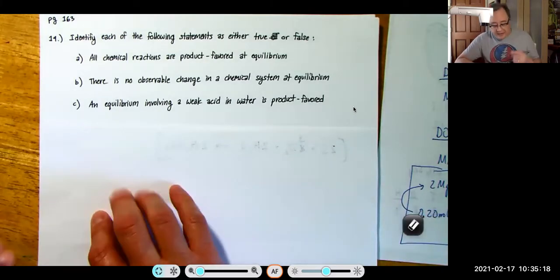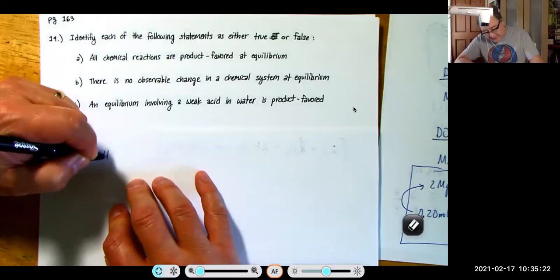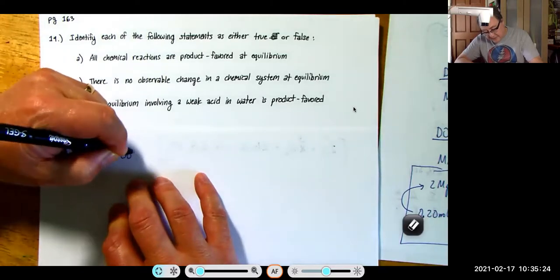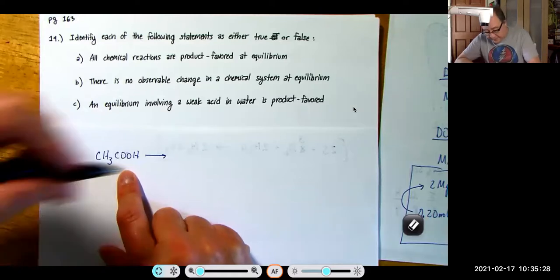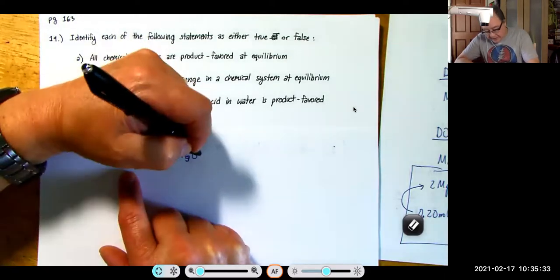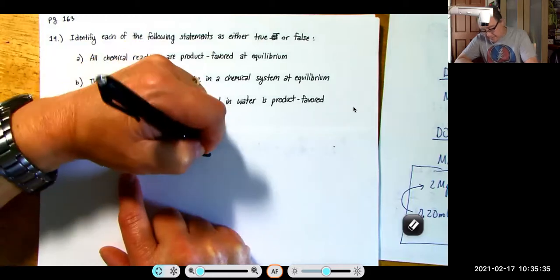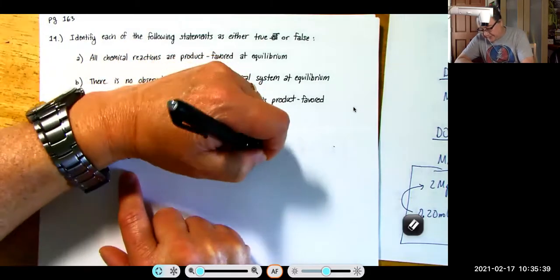So reactions at equilibrium are reactions like this. This is actually a compound called acetic acid. And it reacts and gives you this and this.